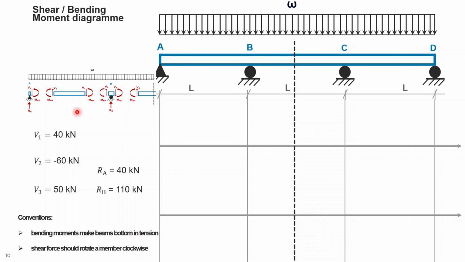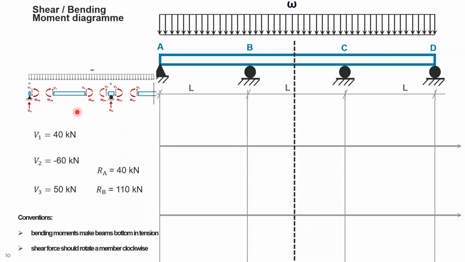clockwise. And when you want to draw the diagrams for the shear and moment, you should note that the conventions are a little bit different from the slope deflection method, because bending moments should make the beam bottom in tension, and shear forces should rotate a member clockwise.